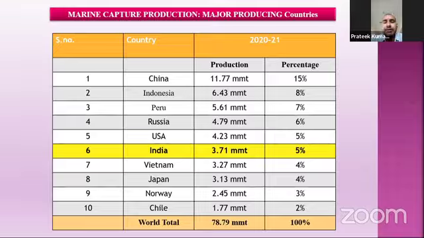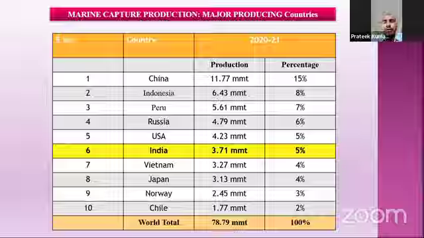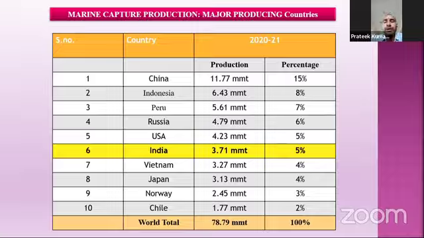Each and every person has heard about the Pradhan Mantri Matsya Sampada Yojana, which also targets that the production level will be increased by 2025. It is a challenge for our country, as currently its percentage is 5.